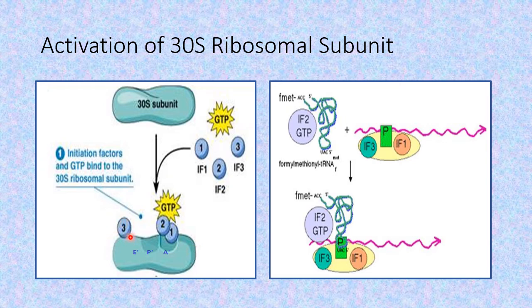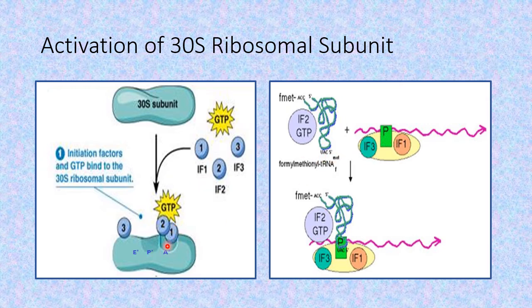Once this IF3 attaches itself near the E prime site of the smaller subunit of this ribosome, it dissociates the 50S subunit of the ribosome. And this is assisted by another initiation factor, that is IF1.